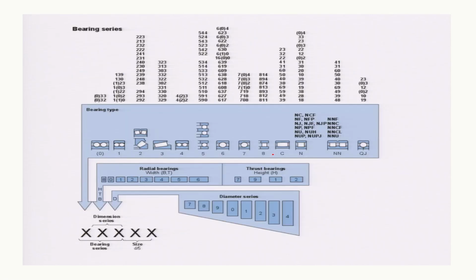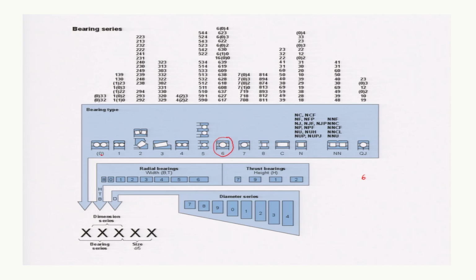In this slide, different types of bearings are shown and their designation methodology is there. Like this is the deep groove ball bearing and it is designated by 6. So if the first letter in the SKF bearing is 6, it means it is a deep groove ball bearing.